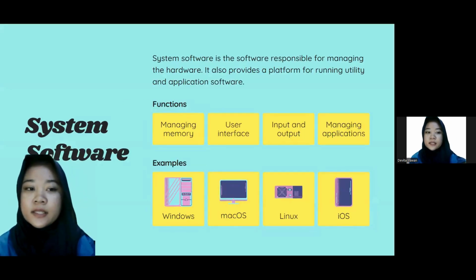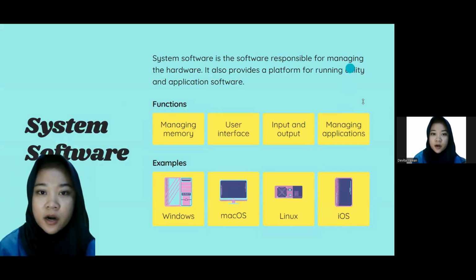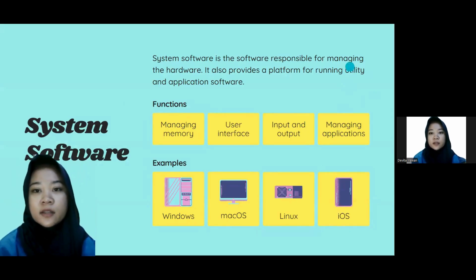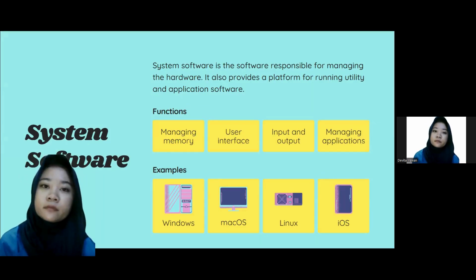The first is system software. System software is the software responsible for managing the hardware. It also provides a platform for running utility and application software.